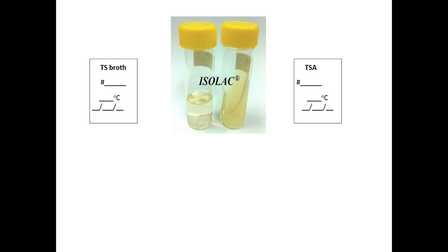And it allows us to create a solid surface, whether it's the slanted tube or in the case of your Petri dish. These do not liquefy until you boil it, the sugar complex. So we can put it at very high temperatures, even the 37-degree incubator, and it's not going to melt. And nobody's going to eat it, right? No organisms eat it as of yet. Not any that we work with or have discovered yet.